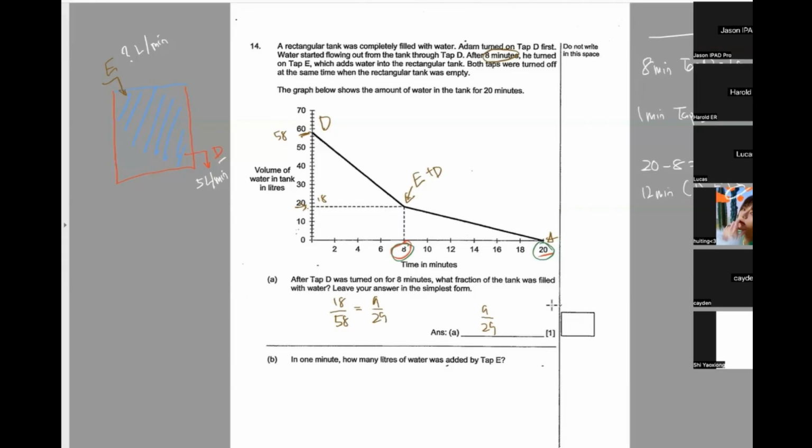During those 12 minutes, 18 liters of water has been drained out from here. So in 12 minutes, 18 liters of water is drained out. So in 1 minute, how much water has been drained out? 18 divided by 12.